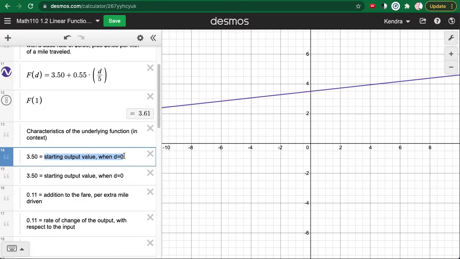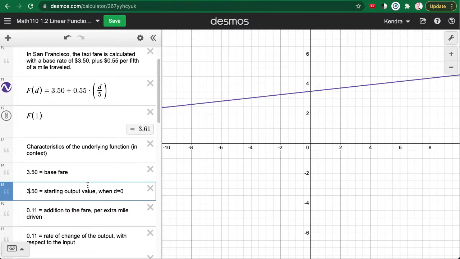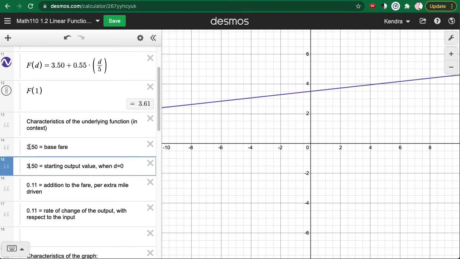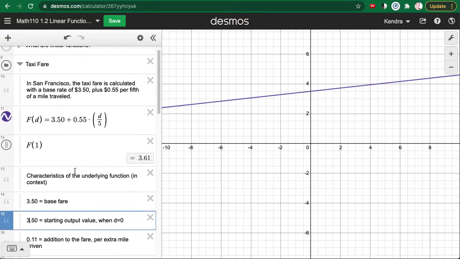The $3.50 in the taxi cab example is going to be the base fare. Okay, so this is looking at the $3.50 in context of the situation, but then also translating that to the meaning of where it stands in the function itself. Okay, so we're going to take these concepts and try to anchor back to these with a couple other examples.